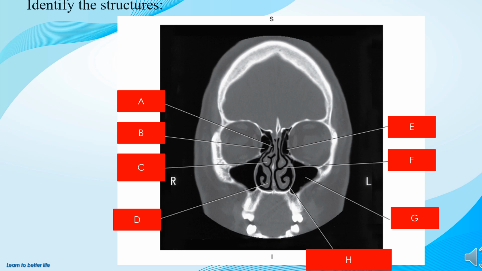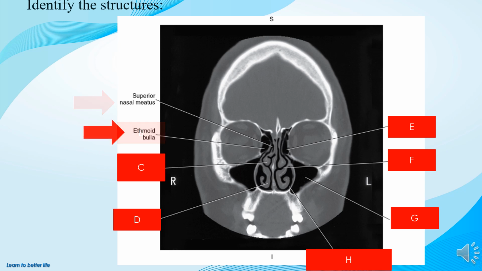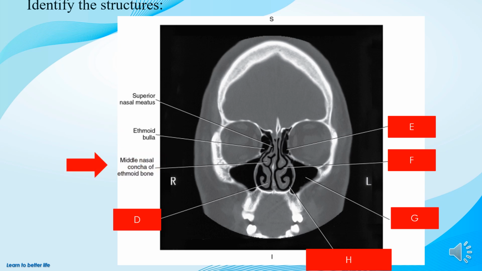Identify the structures. A is the superior nasal meatus. B is the ethmoid bulla. C is the middle nasal concha of the ethmoid bone. D is the superior nasal concha.